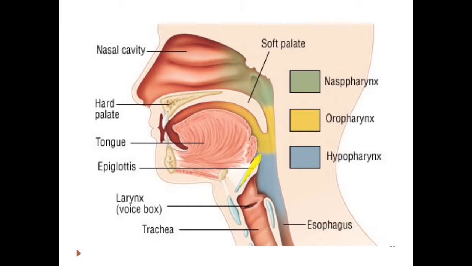So there is a common open point in our respiratory tract and digestive tract. Why does the food not go towards the trachea, and why does it enter the esophagus? Because there is a flap-like structure called the epiglottis, which covers the larynx while we are taking food, and that is why it is said that we should not talk while eating.